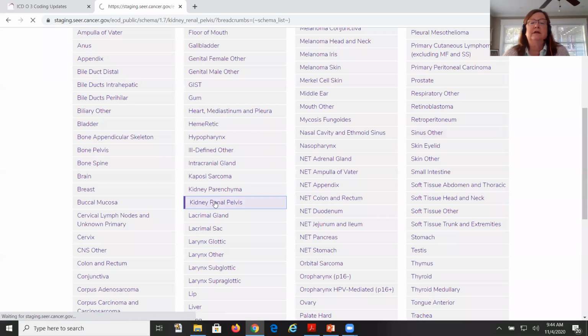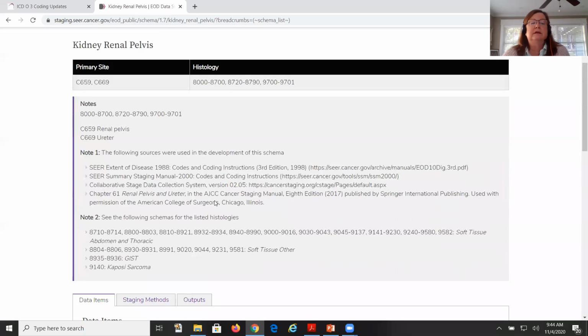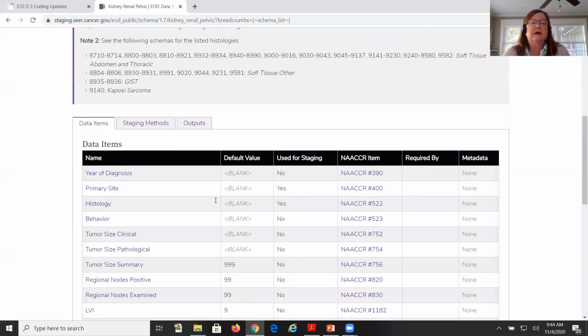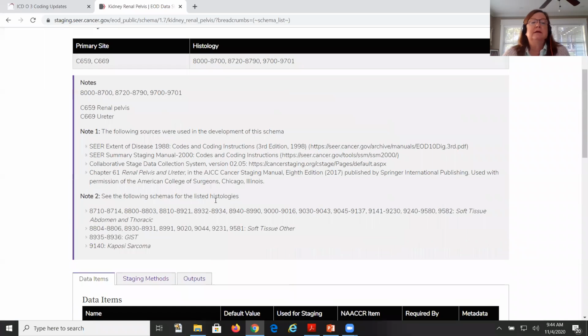If you click on that, you will see the page that opens up, and here are your notes and instructions that show you which histologies to use for this schema and which primary sites are included in this schema.